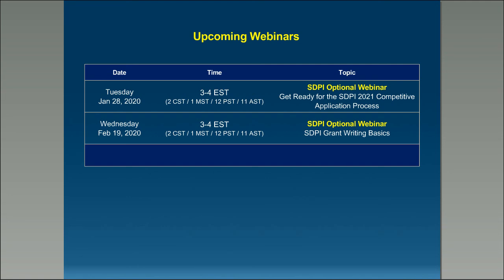To get everybody ready, we're going to be putting out a series of webinars to help folks get ready, especially those who weren't with us the last time around in 2015, or for people who want to review how the competitive process works.